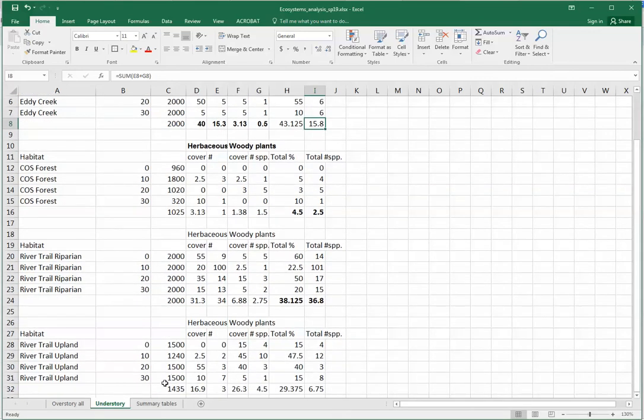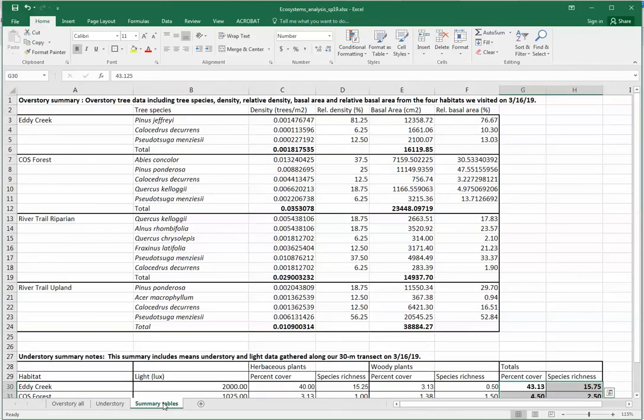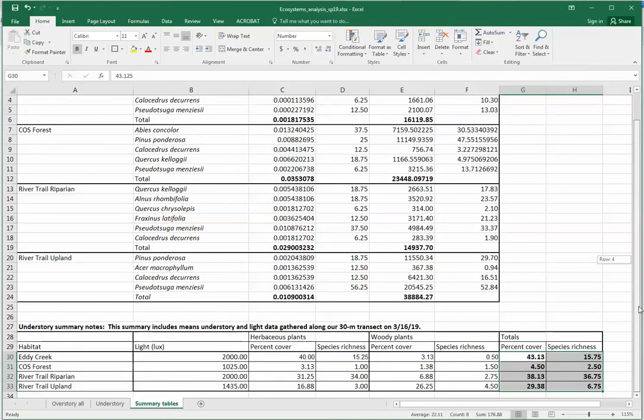And then if we look at the summary tab, I've tried to clean this up a little bit and put all of those averages into one table. So that's what we have here. We've got the average light meter readings for each of the 4 communities here.